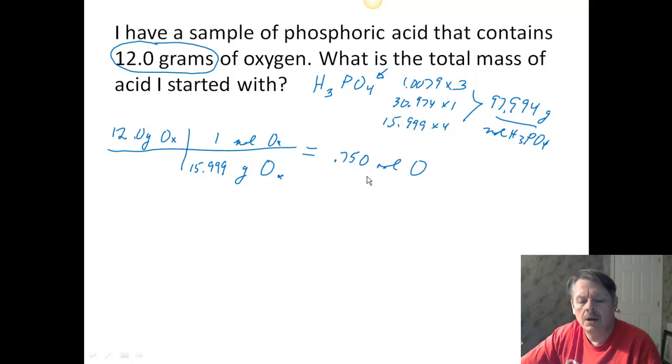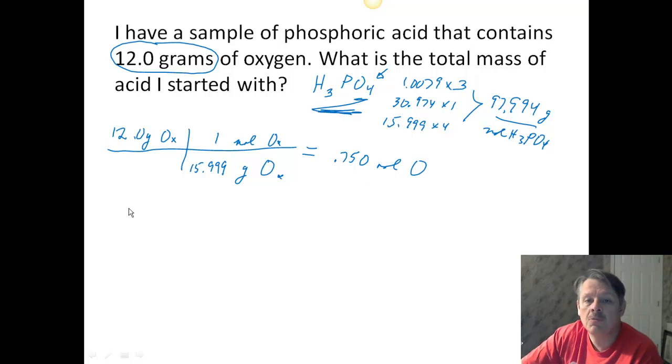So now what? Well, I have a ratio between oxygen, which is here, and the entire H3PO4s. So what is that ratio? Well, I have 4 oxygens that will give me 1 H3PO4. So my relationship is 4 to 1.